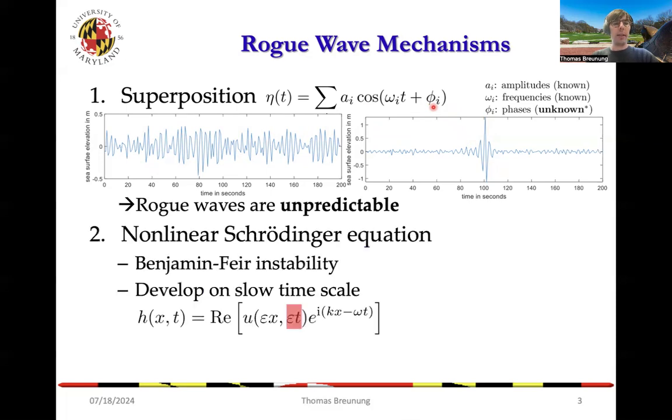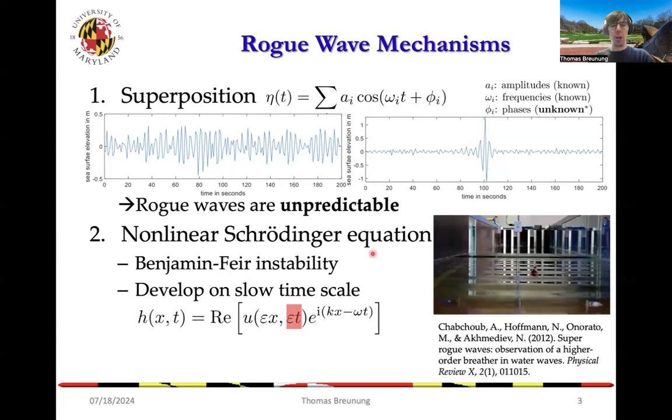On the other hand, the nonlinear Schrödinger equation has been used to explain the occurrence of rogue waves. This equation can feature the Benjamin-Feir instability and also other breather-type solutions, which could explain the occurrence of rogue waves. Those generally develop on slow time scales, so over very long time horizons.